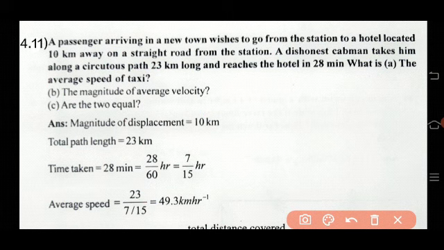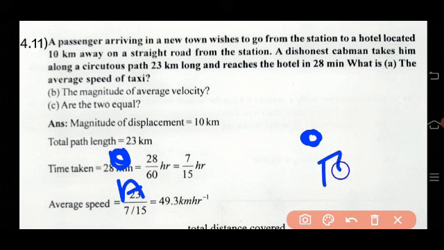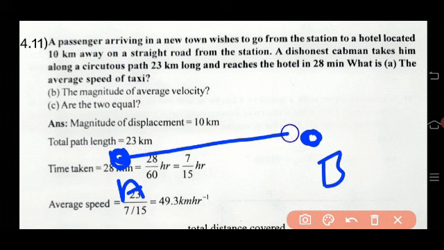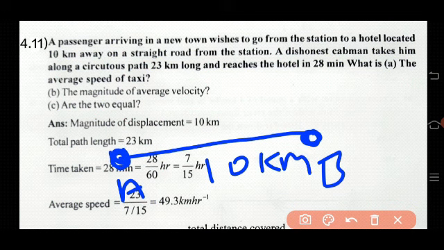So just understand the question. A passenger arriving at this town A has his hotel located at the place, let it be B. What is the distance from A to B? That is 10 kilometer from his position to the hotel.